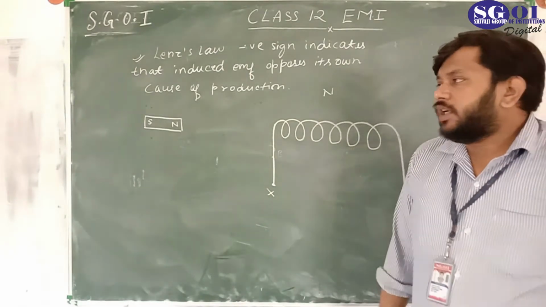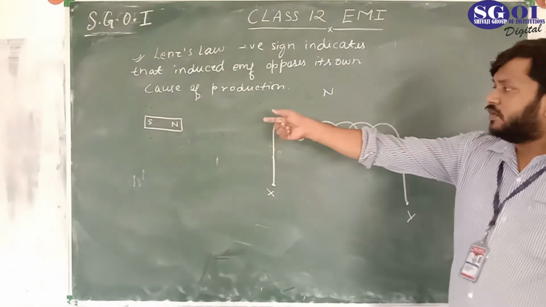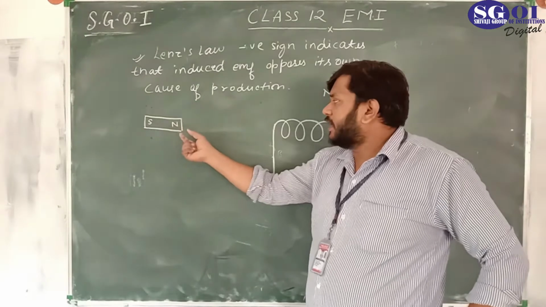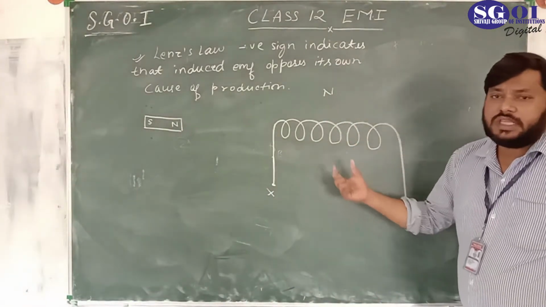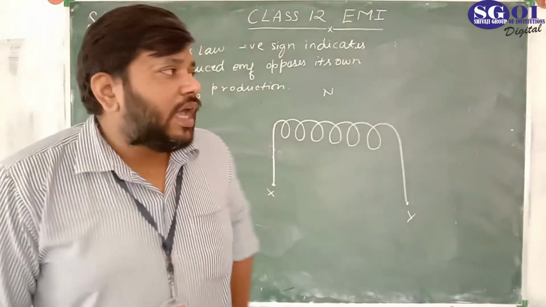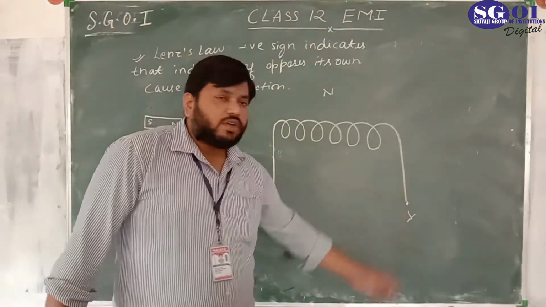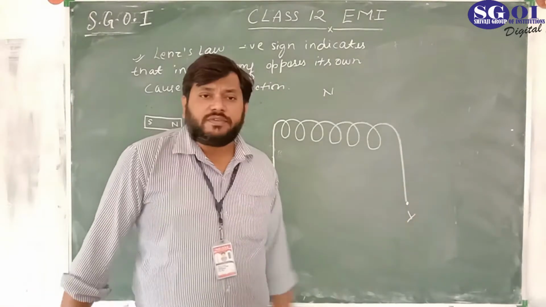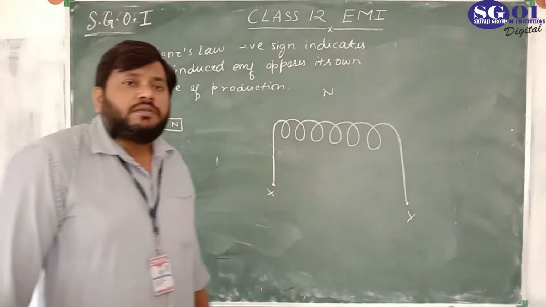Because of this permanent bar magnet there is a magnetic field, and we can say this coil is in the magnetic field. I am asking you students: is there any EMF induced across the ends of the coil? Is there any potential difference between these ends of the coil because of the magnetic field of this bar magnet?